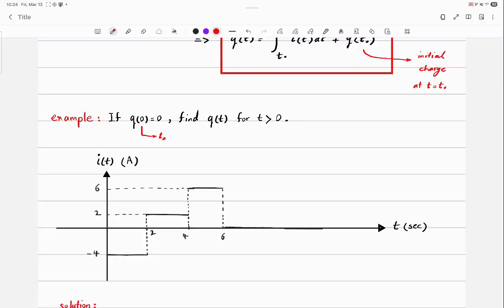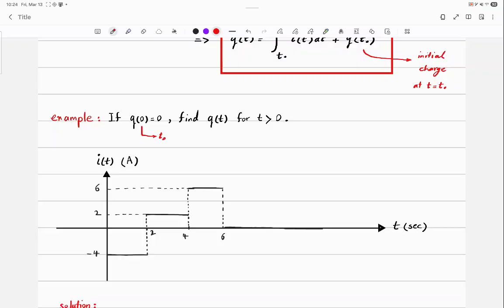What's the units of voltage? Volts. You all know it, okay? Can you give me another unit for voltage? Instead of volts, what can I do?